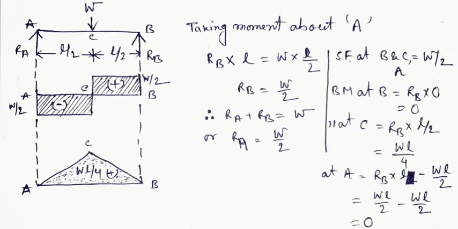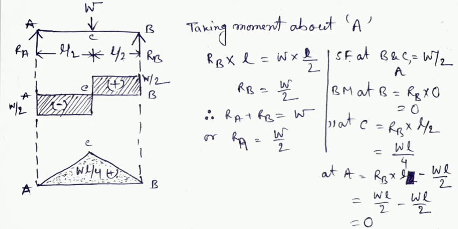For bending moment at B, the calculation is: RB into 0 is equal to 0. The bending moment at B is equal to 0, as at point B there is a reaction force RB but there is no distance, so the BM is 0. Now the bending moment at point C, where the shear force diagram changes sign, the bending moment is maximum.